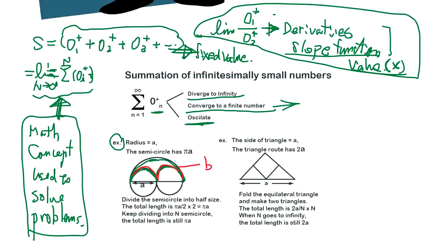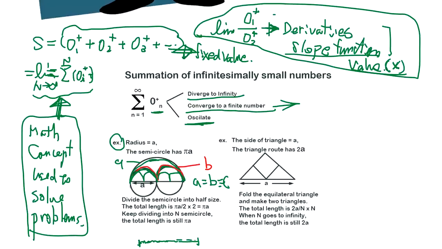This is B. This is A. A equals B. And inside the B, you make another one, C, so B equals C. You repeat this process, then you have infinitesimally small semicircles all together.